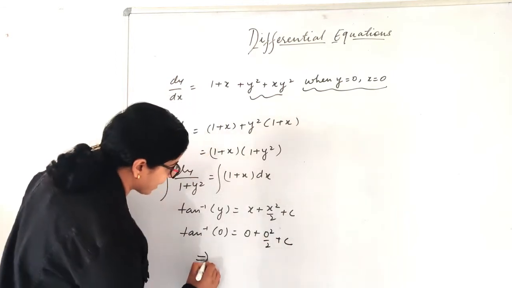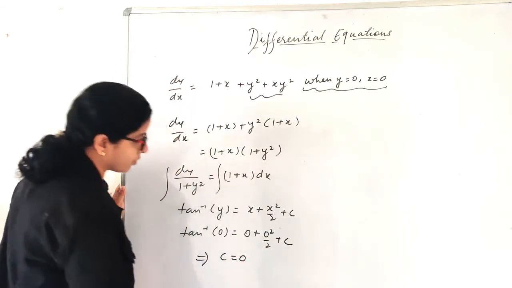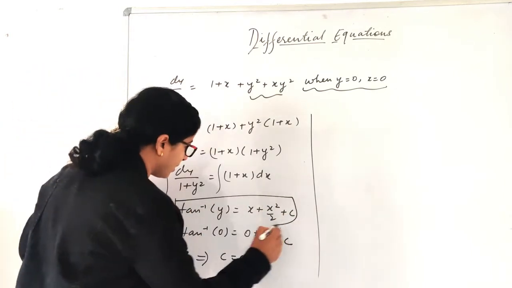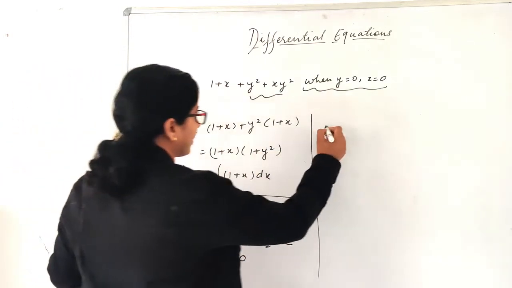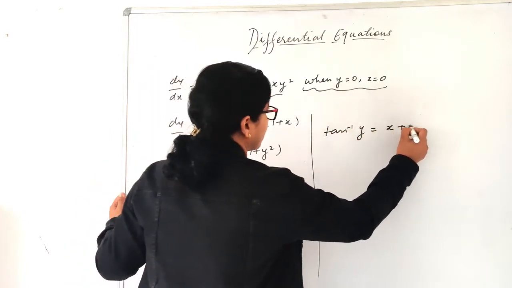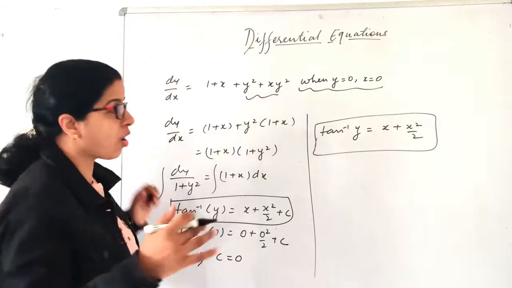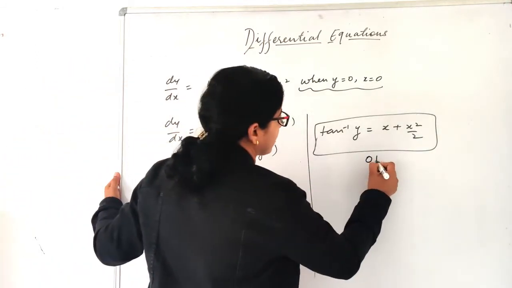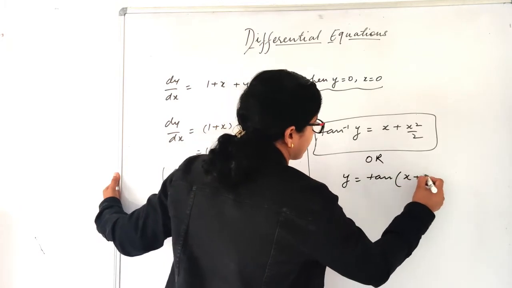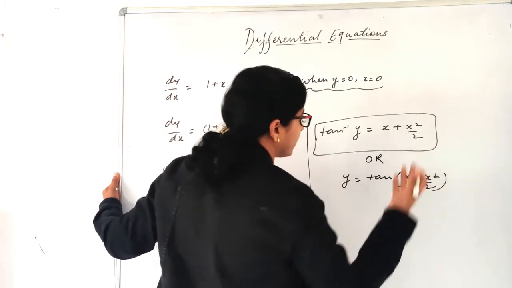So this implies c is equal to 0, right? Now if I substitute c is equal to 0 in this equation, what am I getting? I am getting tan inverse y equals x plus x square by 2. Or in some books you can see the solution like this also, y is equal to tan of x plus x square by 2. Both ways are correct.